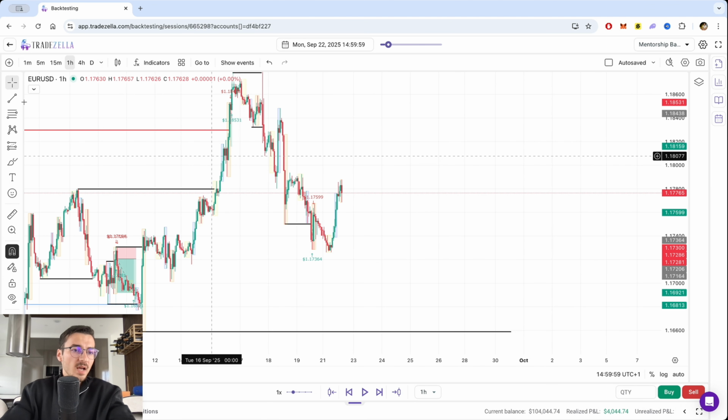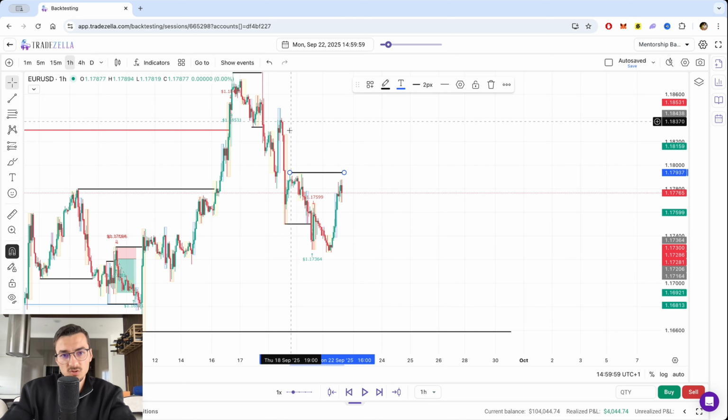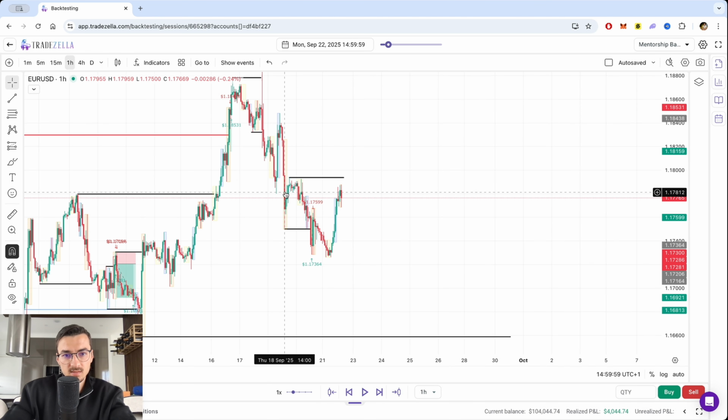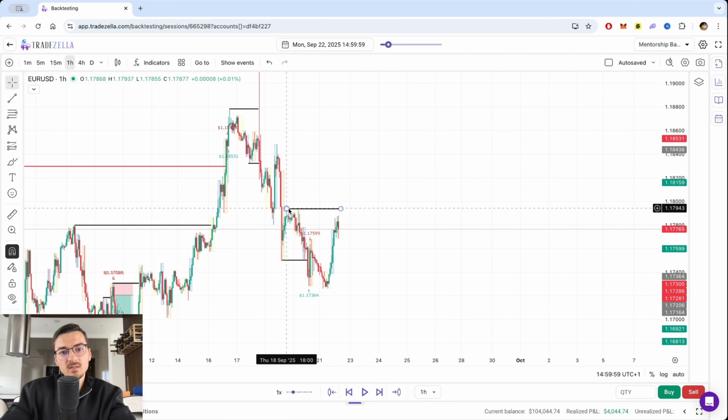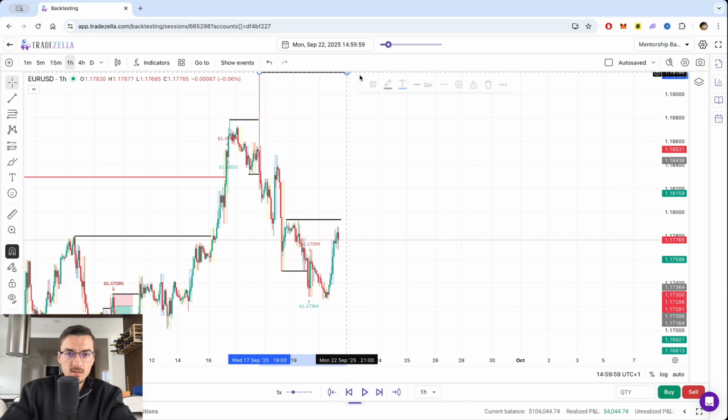Okay, we're going back up, and I can see some inducements, which are just secondary highs, secondary lows within the structure. Okay, because this high didn't come back to test this order block, or anything else, or didn't come to take any liquidity. So it is just a matter of it getting swept, and it's also making relative equal highs, and it's also the previous daily high, which is the liquidity.